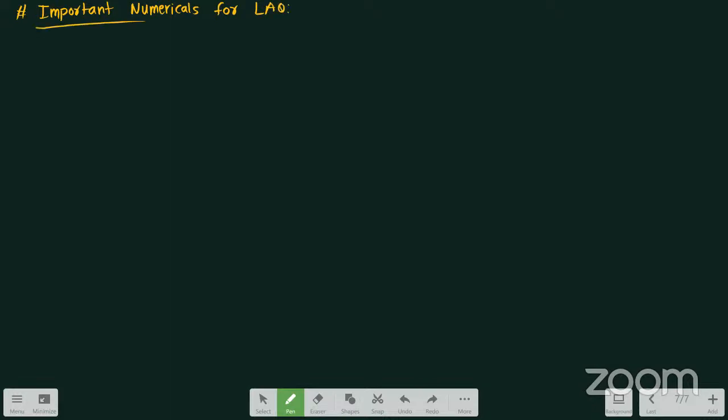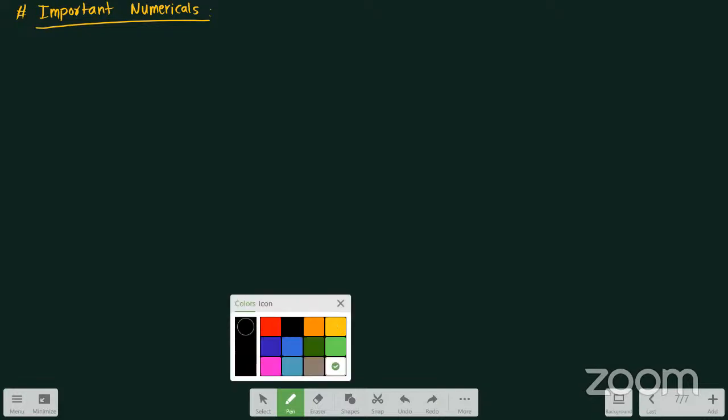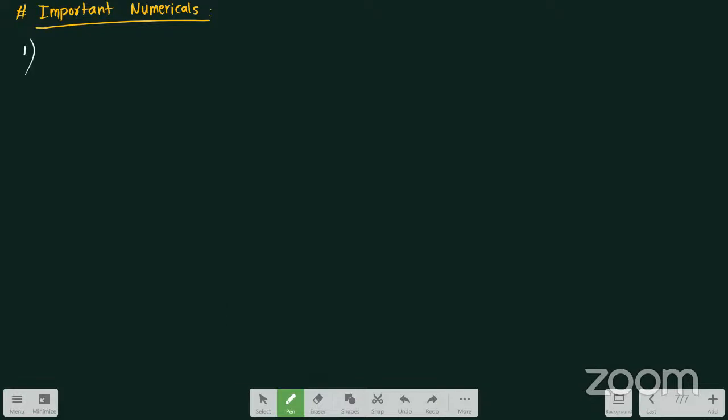First we will be discussing nuclear physics. In the first problem, they will be asking questions based on half-life time. So let us do the problem based on nuclear physics.